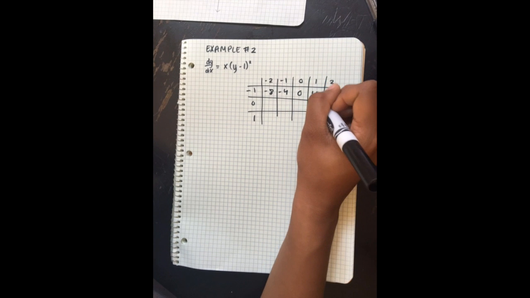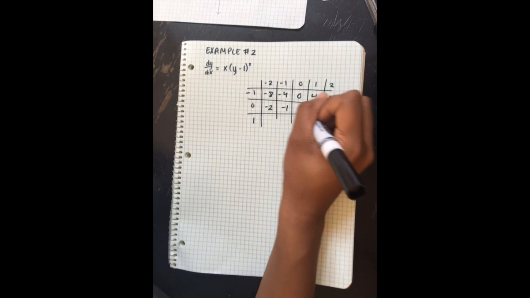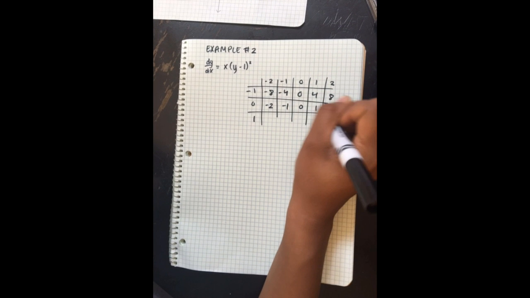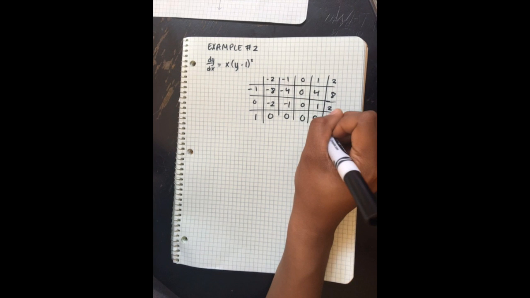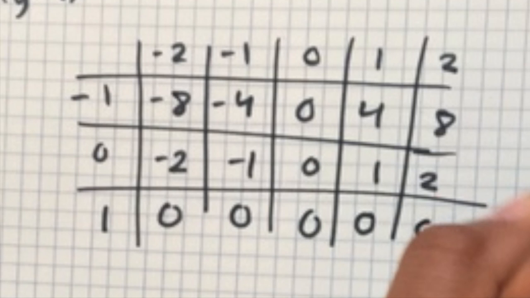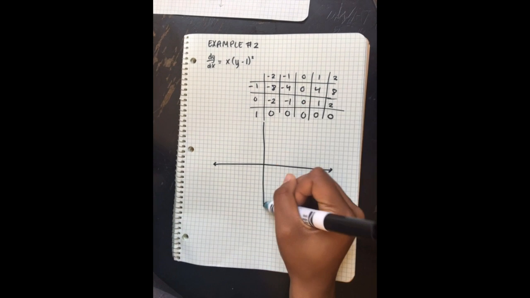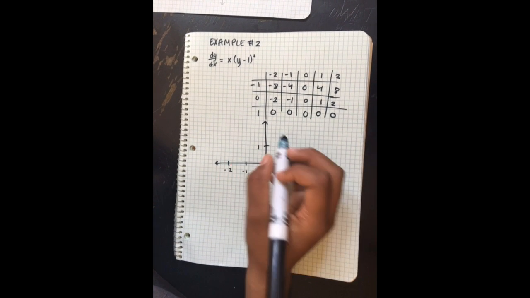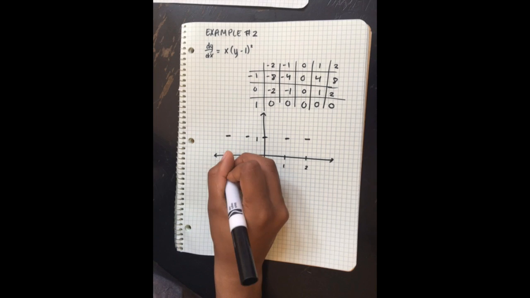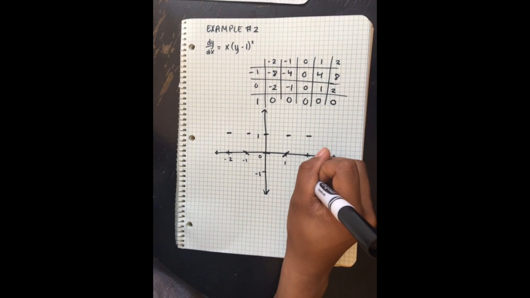We then fill in the slope at each of these points in the table. Just like that. Now draw the axes of your graph and plot the points on the graph.